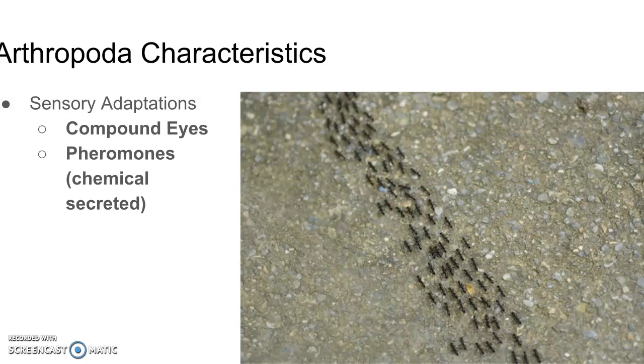So this is their communication. They don't talk like you and I. Instead, with the pheromones, they secrete a chemical, and the different odors will tell them, okay, walk straight, pick up that piece, do this, do that, and it allows them to work incredibly well in teams.